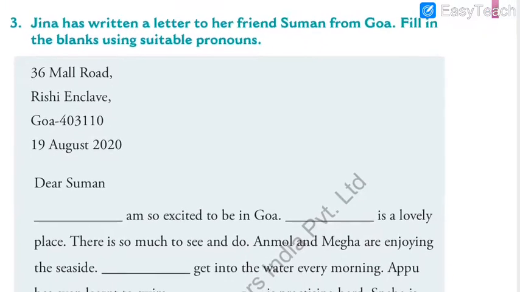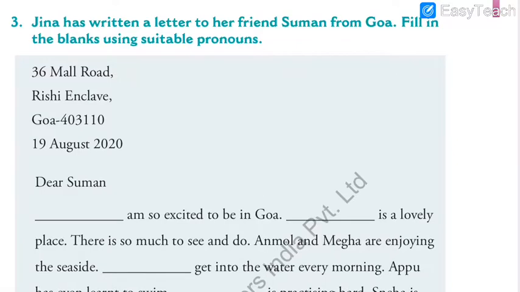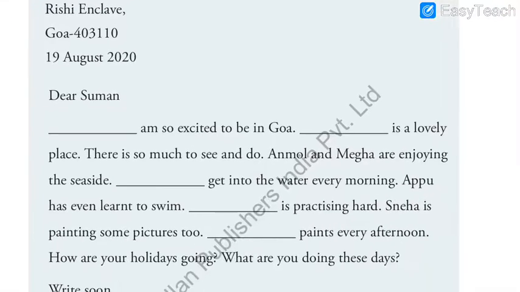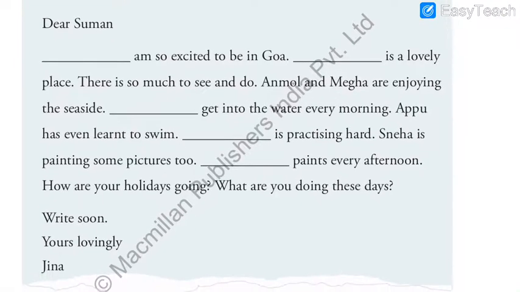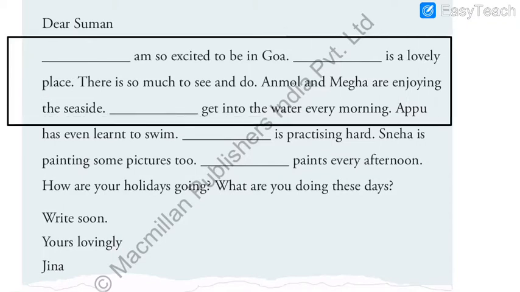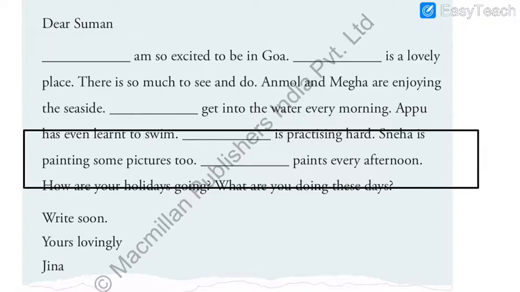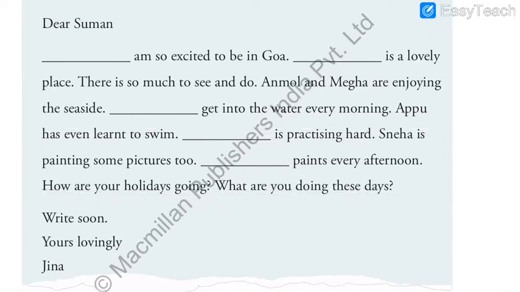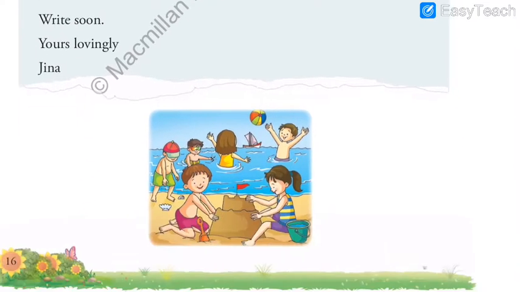And then exercise number 3, which was a kind of letter, in which you had to fill the blank spaces with the correct pronoun which fits best. I remember that I solved the first 3 blanks, and the remaining 2 I kept for you as homework, and I hope that you have solved them.